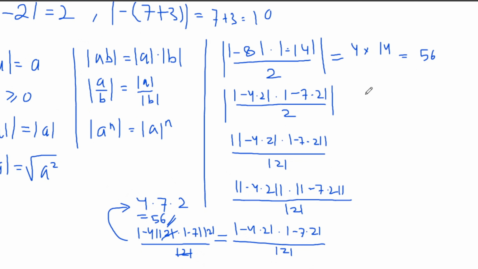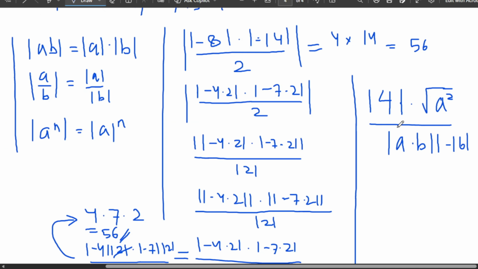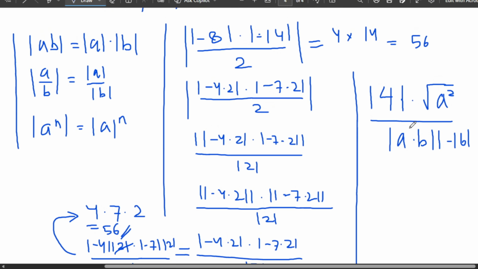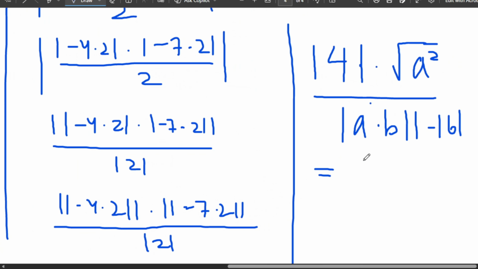For the final example, I'm going to use this rule. Let's simplify this. The absolute value of 4 will be just 4.